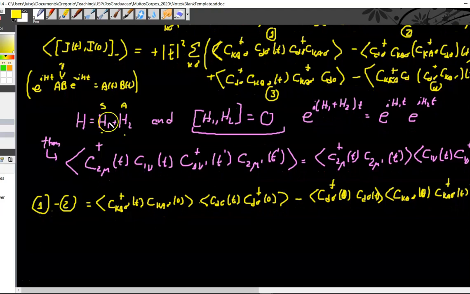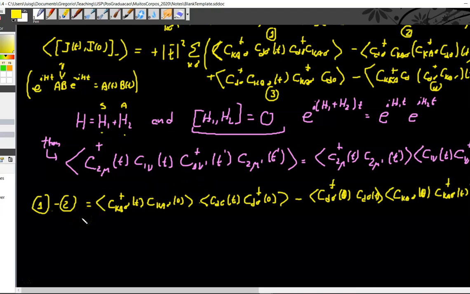So that's why we can do this decoupling here, because the antisymmetric operators belong to H2 here, and the D belongs to the impurity. So the impurity and H2 commute among themselves, and the Hamiltonian itself can be separated as such, right?